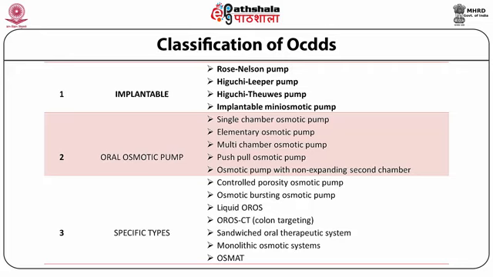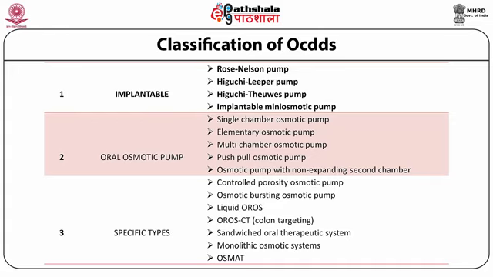The implantable category has some examples from the companies: Rose-Nielsen pump, Higuchi-Leeper pump, Higuchi-Theeuwes pump, and implantable mini osmotic pump. For oral osmotic control, the kinds are the simple chamber osmotic pump, elementary osmotic pump, multi-chamber osmotic pump, and push-pull osmotic pump with a non-expanding second chamber.